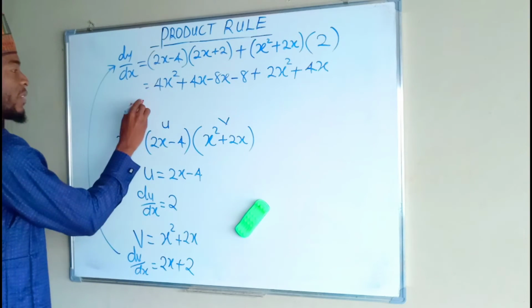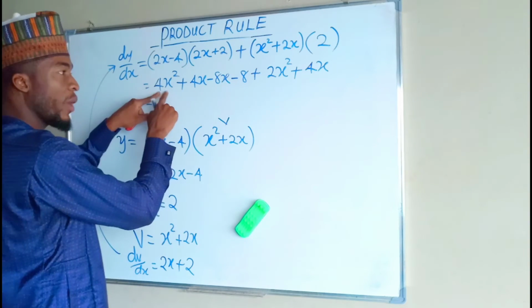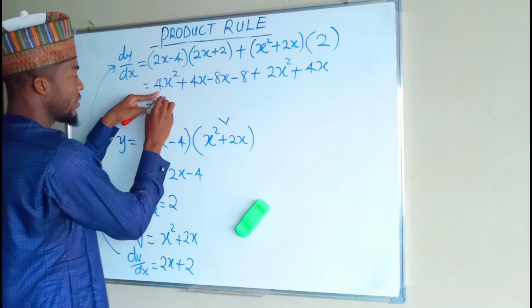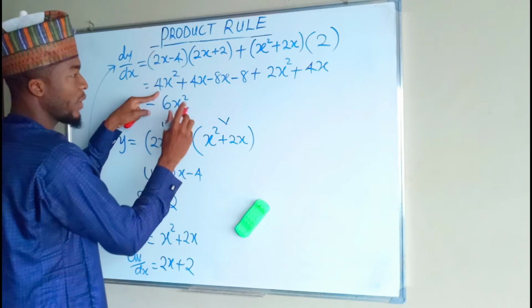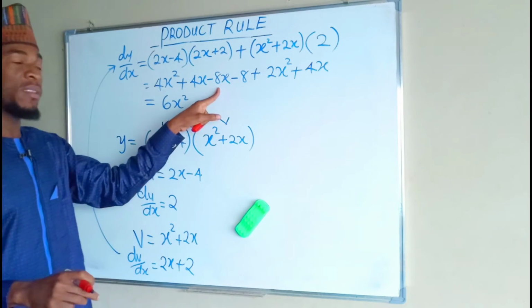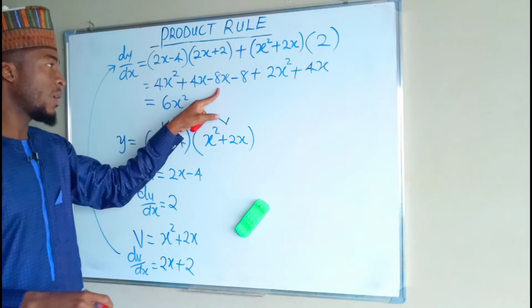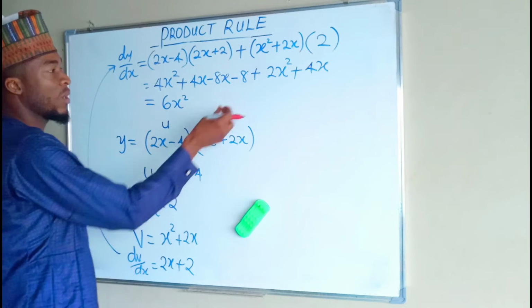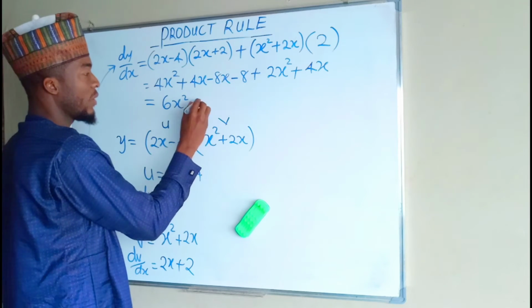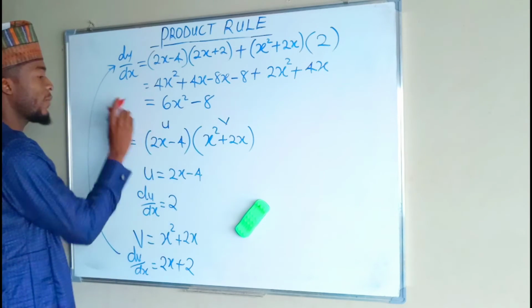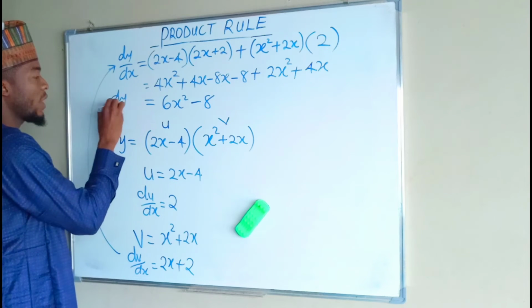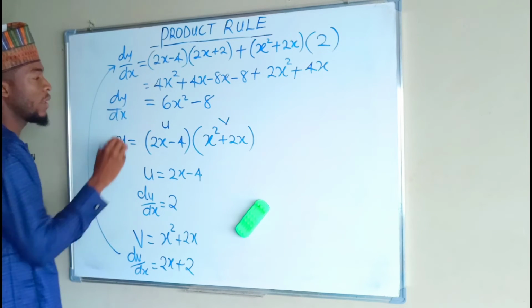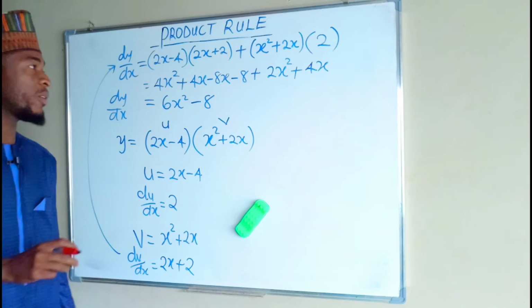Now let us collect the like terms together. 4x squared plus 2x squared is 6x squared. 4x minus 8x is minus 4x. Then minus 4x plus 4x is 0.